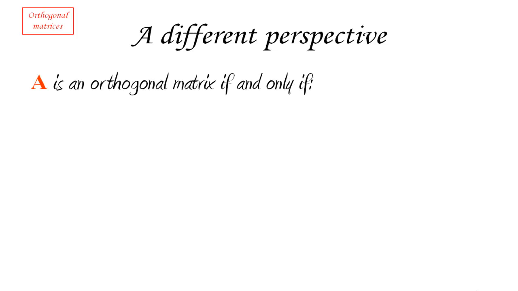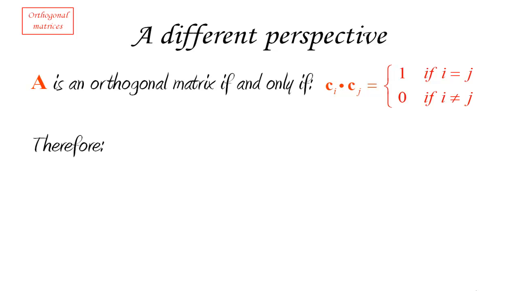Let's look at this definition from a slightly different perspective to see what these orthogonal matrices look like. A is an orthogonal matrix if and only if what? Again, remember, the columns have to form an orthonormal basis. What does that mean? It means if I take the dot product of any two columns, I should end up with 1 if i is equal to j, so if I'm taking the dot product of a column with itself, or 0 if i is not equal to j, which means I'm taking the dot product of two different columns.